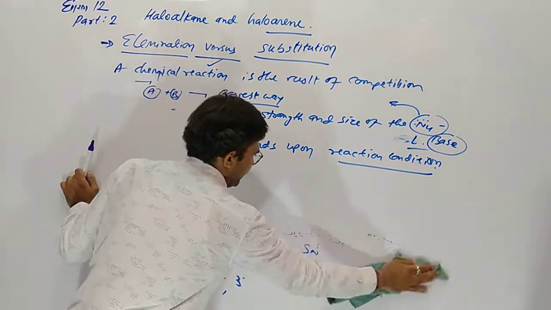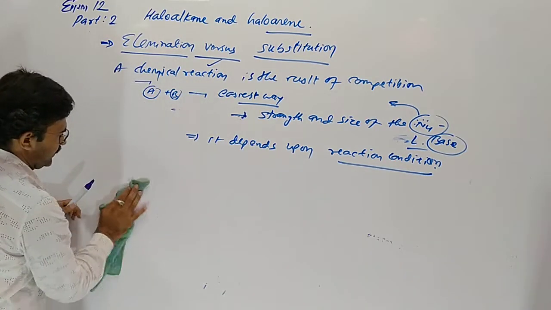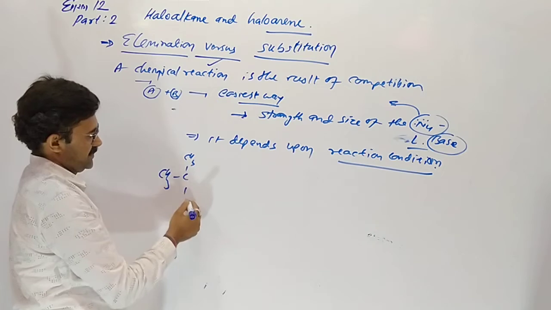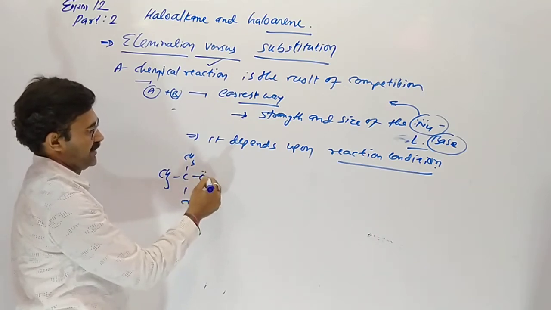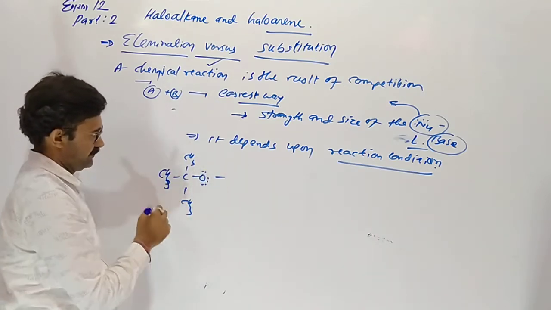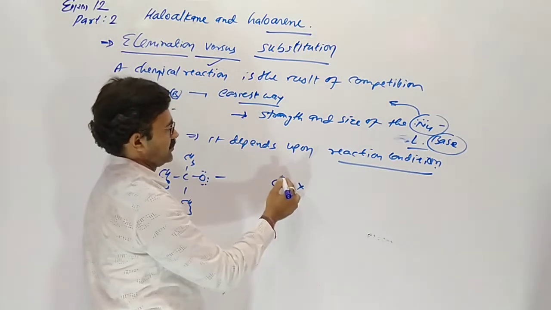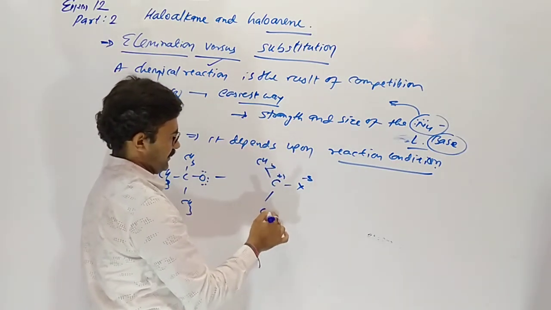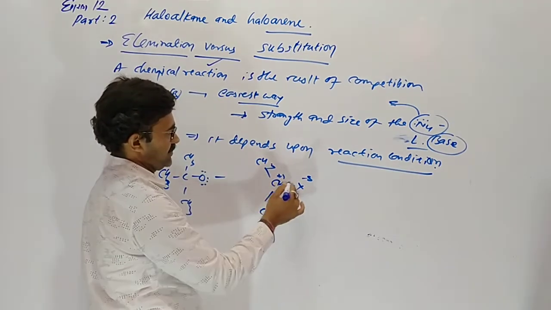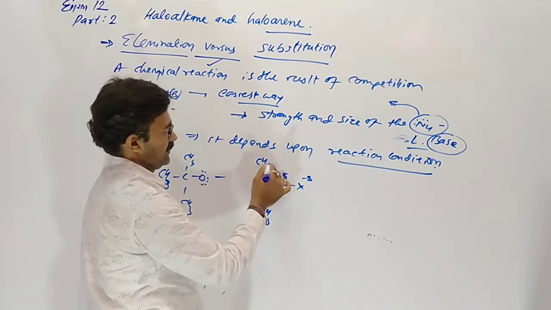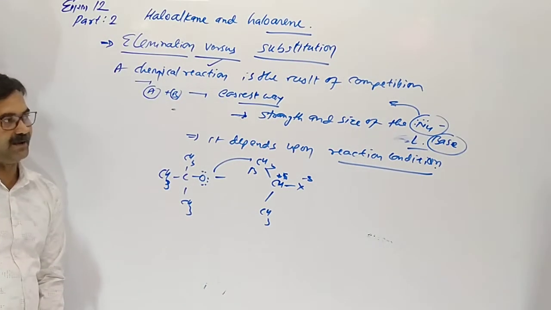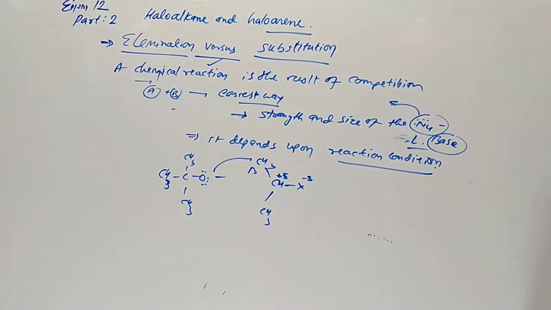Bulkier nucleophile like tertiary butoxide is huge in size. It doesn't attack the carbon, but attacks the beta hydrogen. So elimination occurs.